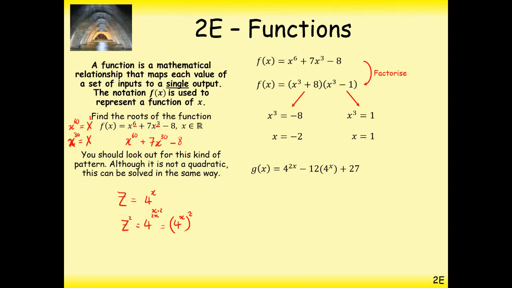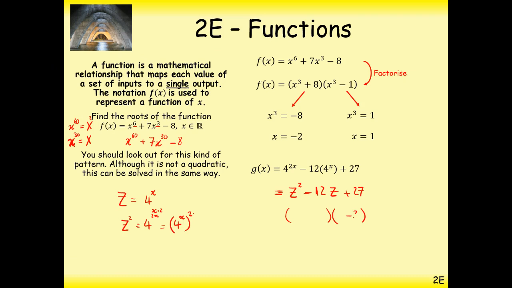This is just writing 2x in a different way. Then I can use this substitution to rewrite this as z squared minus 12z plus 27. Now, factors of positive 27 that add up to minus 12 are, have you guessed it, minus 3 and minus 9.